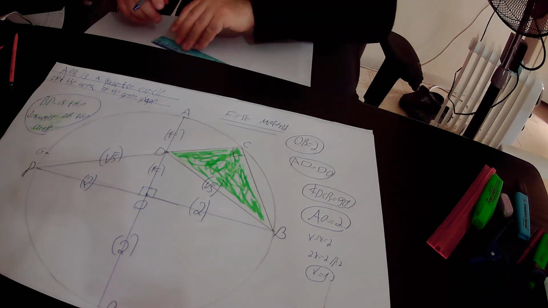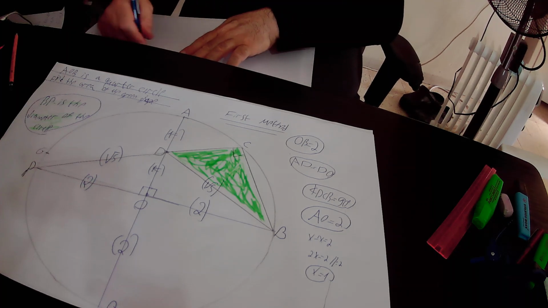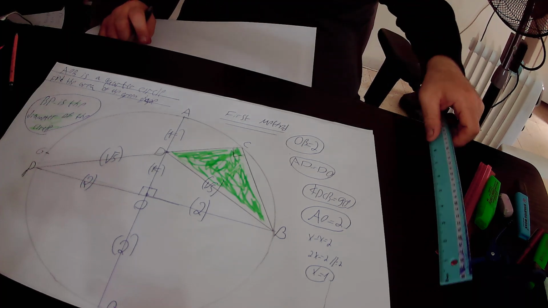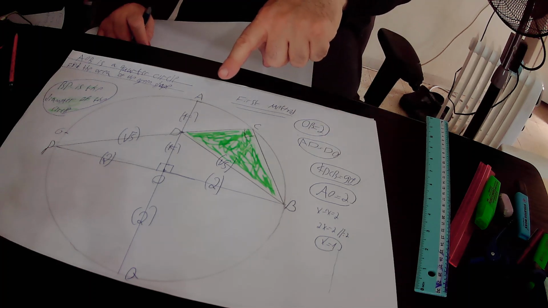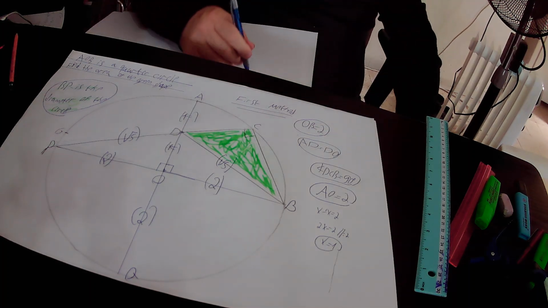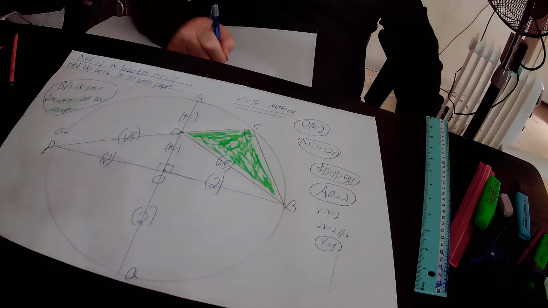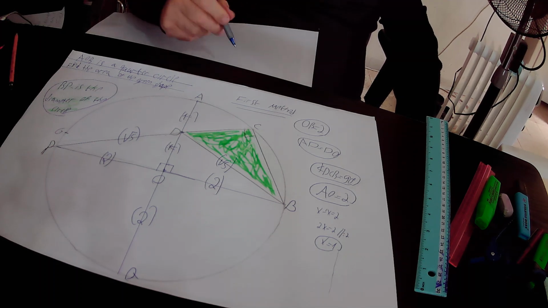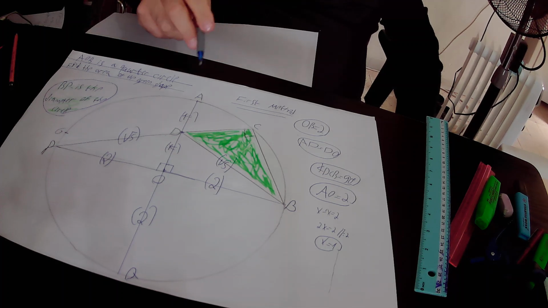Therefore, according to rule 11, the following equation will be true, that AD times DQ equals to CD times DP.